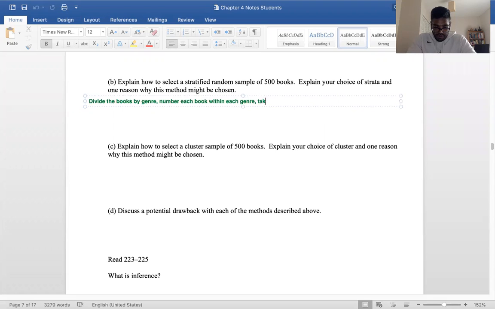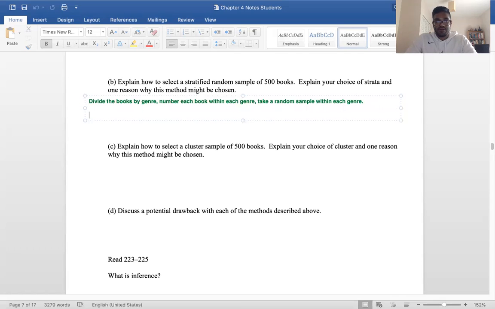Take a random sample within each genre. And there was how many genres? We don't know how many genres there are. So if I said there are 5 genres, then you could divide and then take 100 from each genre to get 500 total books or something like that. But we don't know that information.